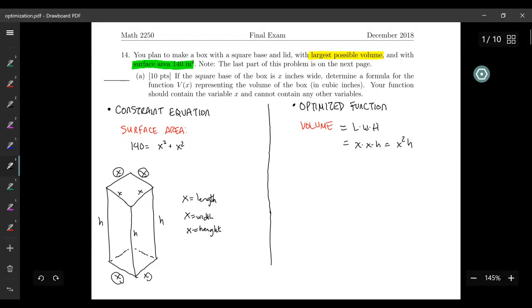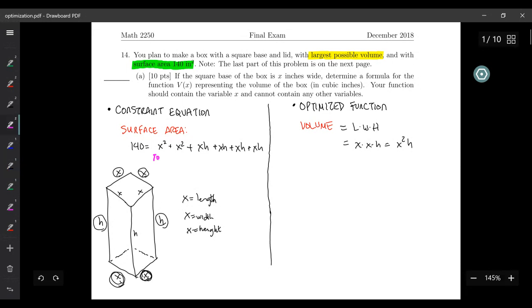The top and the bottom are both x by x squares. And then the four faces: you've got x by h in the front, same thing for the back, and then you've got the left and the right faces. The right face is x by h, same thing for the left.